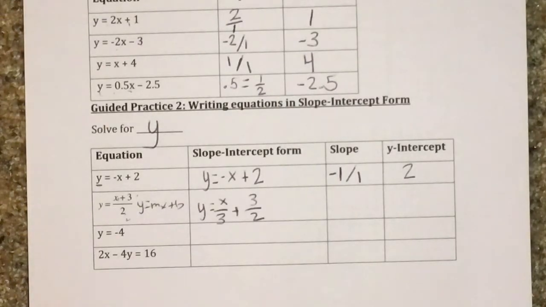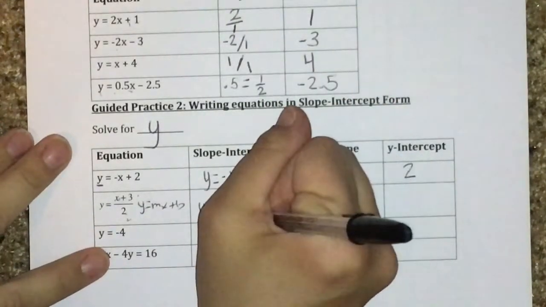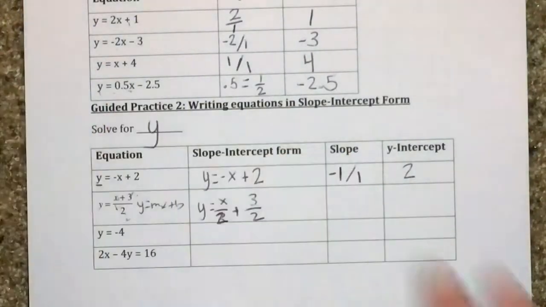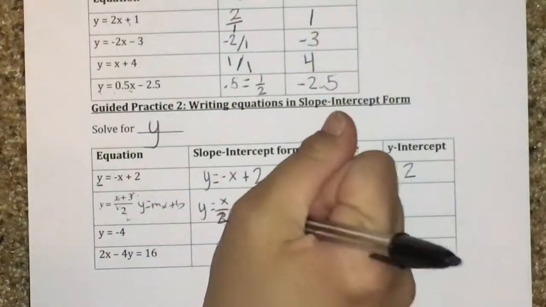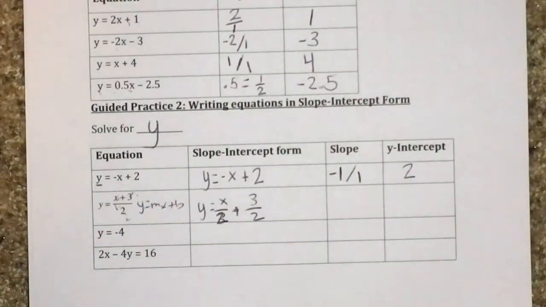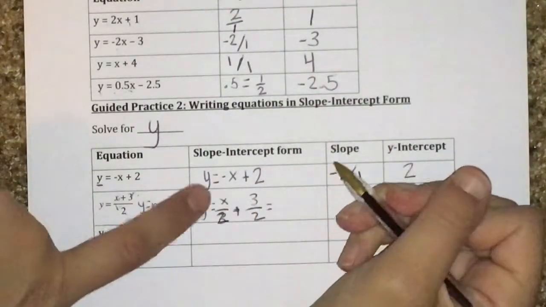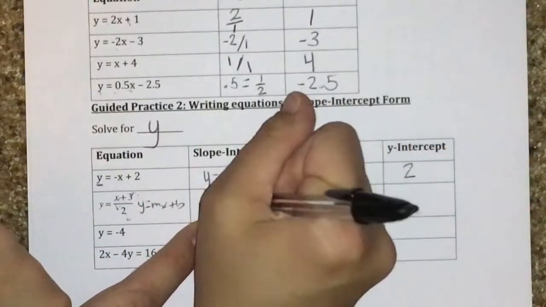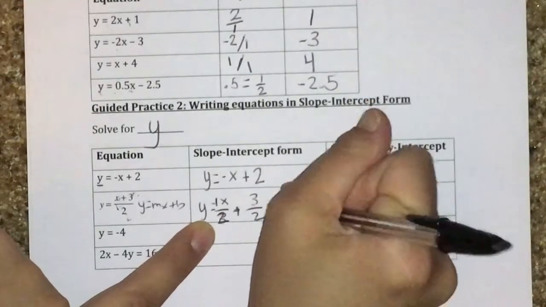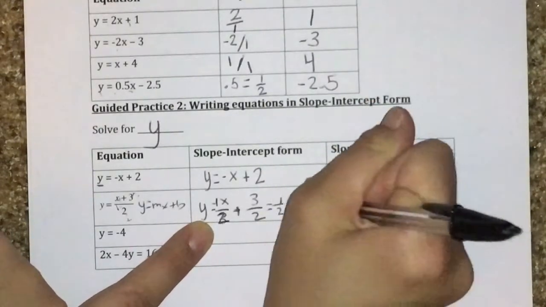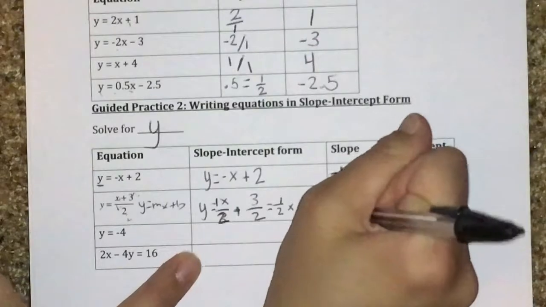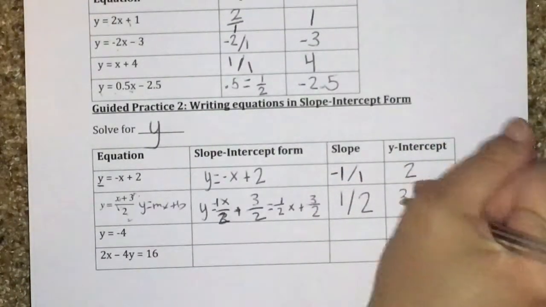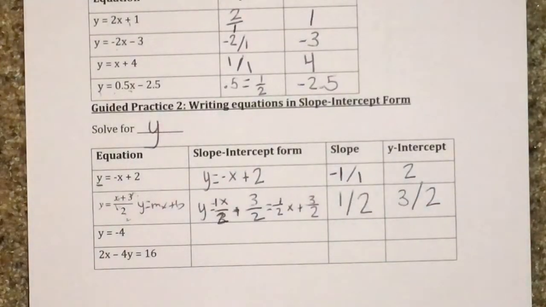So in this case, all we did was take each of these and divide them out so that we can separate them as a fraction, so that it looks like y equals mx plus b. We're still not quite there yet. X over 2, what's the number that's in front of the x? It's a 1. So it's 1/2 x plus 3/2. So our slope is 1/2 and our y-intercept is 3/2.